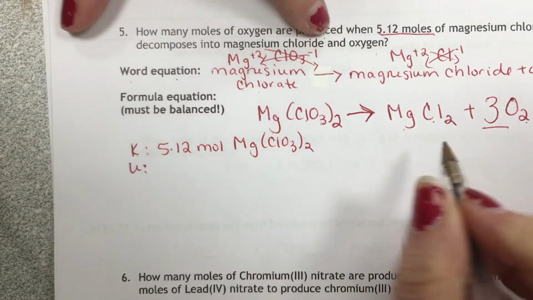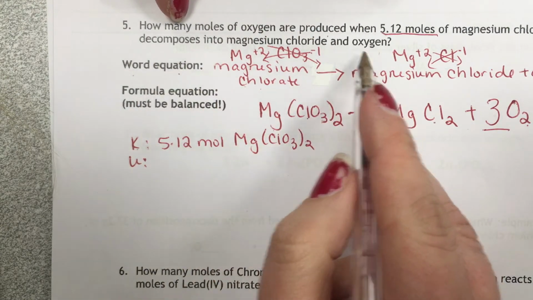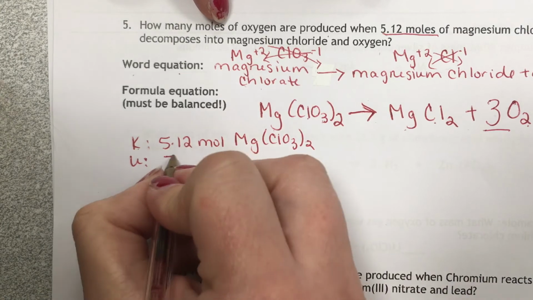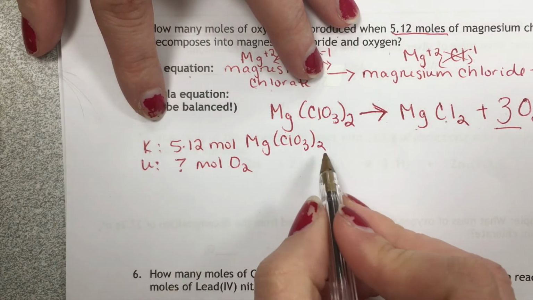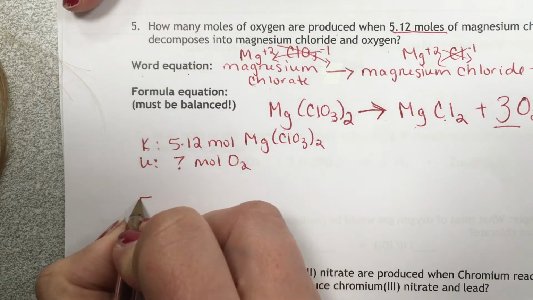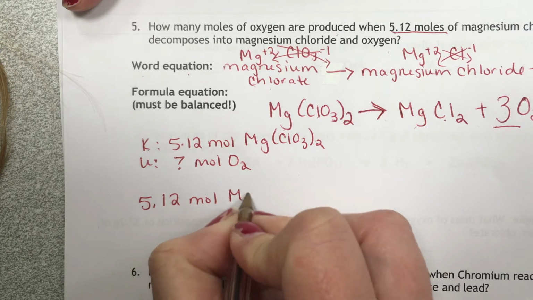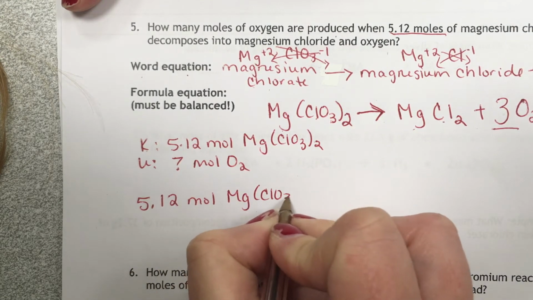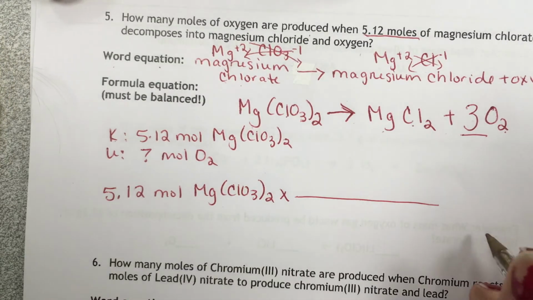And our unknown is how many moles of oxygen. So we always start with our known, just like in the beginning of the year. So 5.12 moles of Mg(ClO3)2, times, okay?